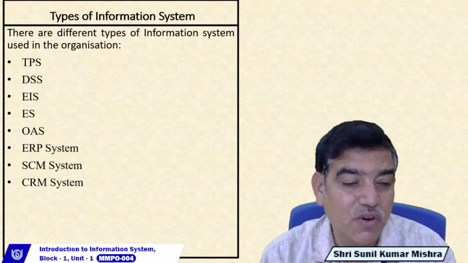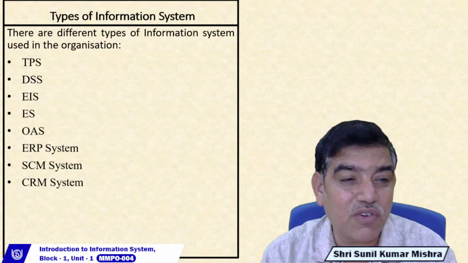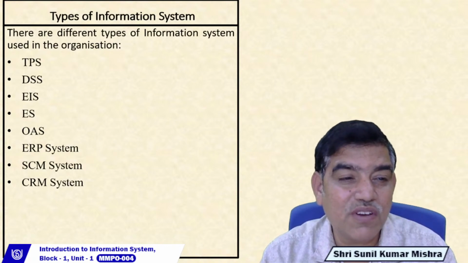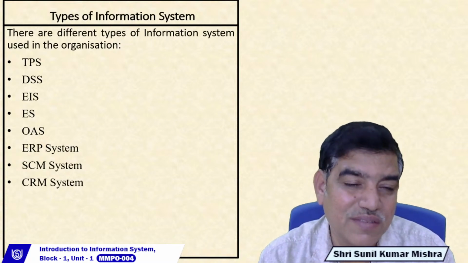Then the next one is OAS. OAS stands for Office Automation System. Nowadays every organization is computerized.